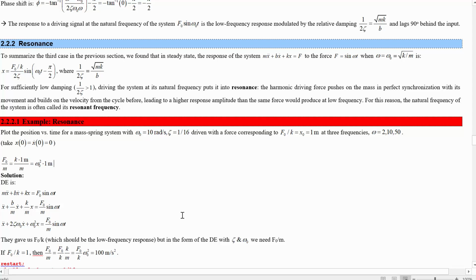Okay, so there is what F naught over m is, which means the differential equation we're solving is x double dot plus 2 zeta omega naught x dot plus omega naught squared x is equal to omega naught squared sine omega t.